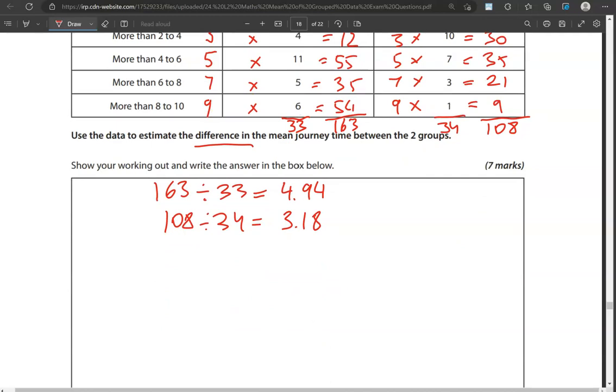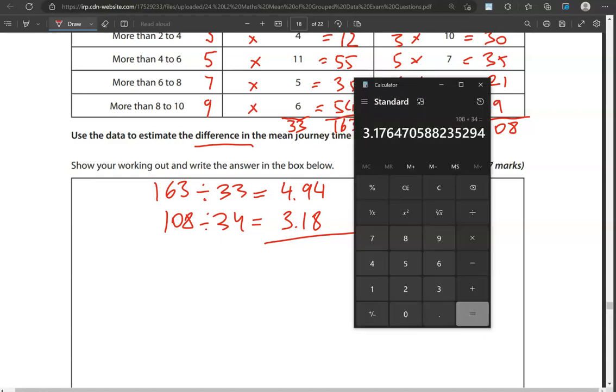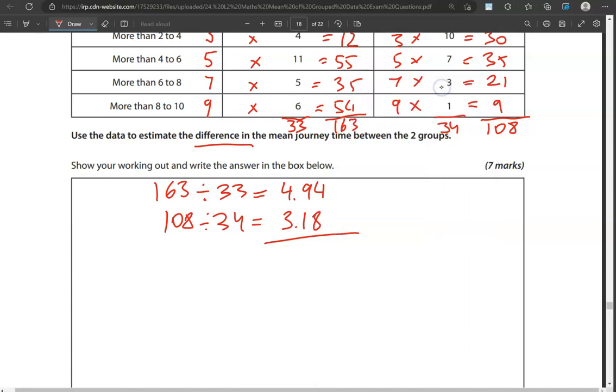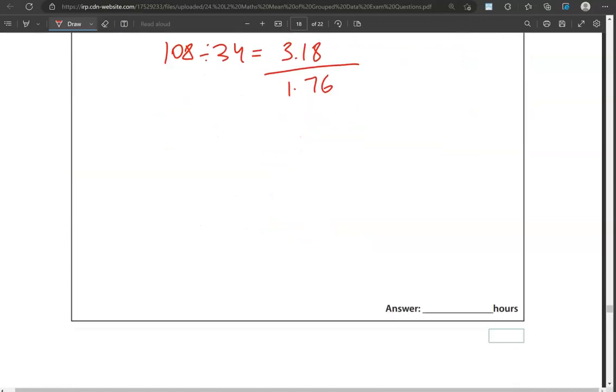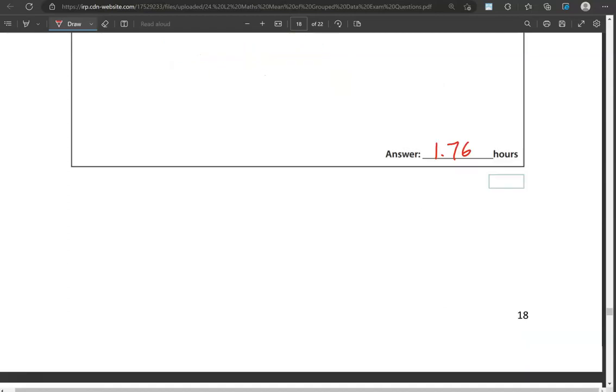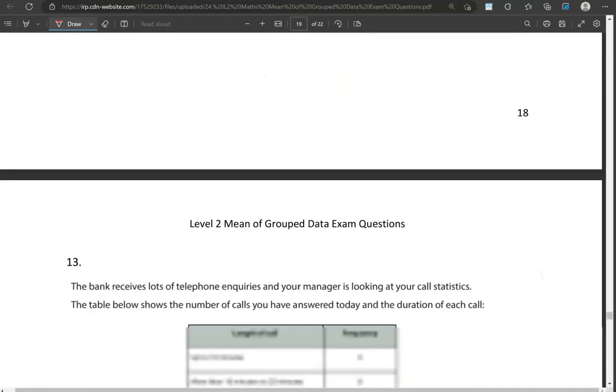Difference means taking away the smaller number from the bigger number. So 4.94 take away 3.18 is 1.76. So 1.76 hours is the difference.